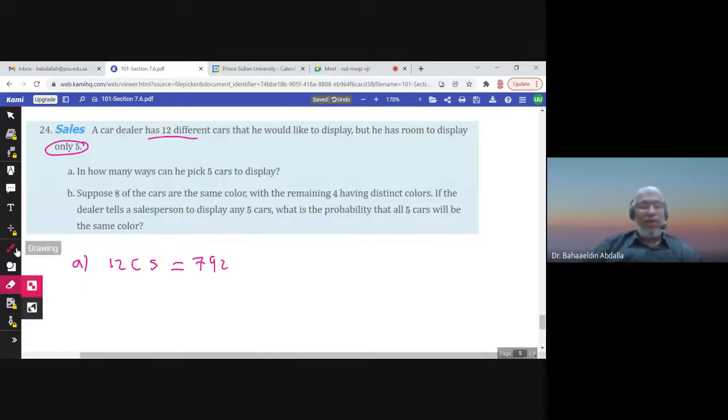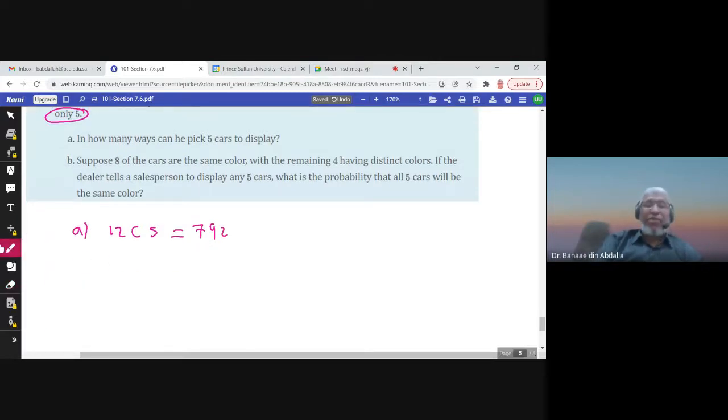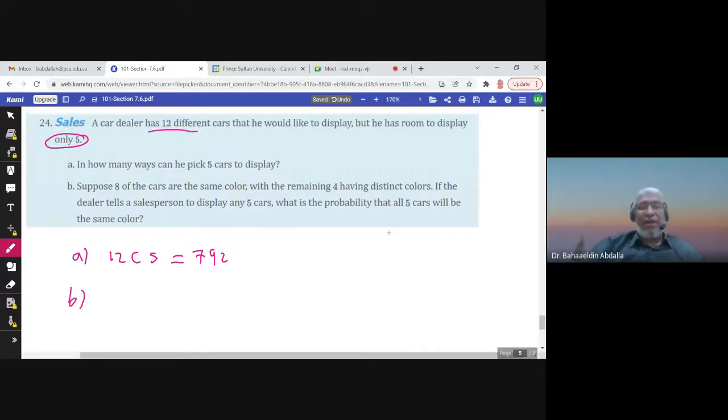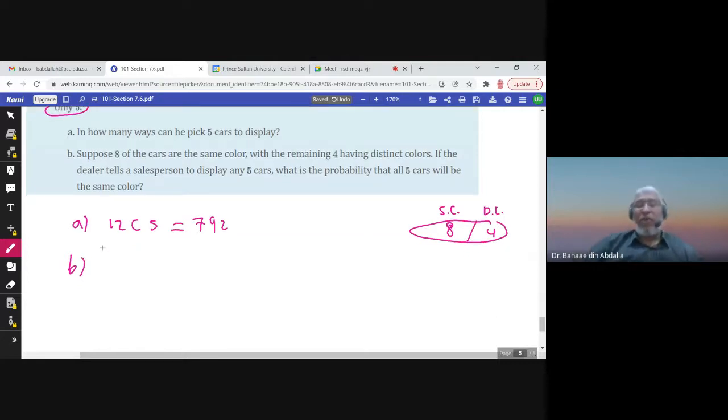Now, part B, suppose 8 of the cars are the same color. So now these 12 cars are divided. 8 of them have the same color, with the remaining 4 having distinct colors. If the dealer tells a salesperson to display any 5 cars, what is the probability that all 5 will be the same color?